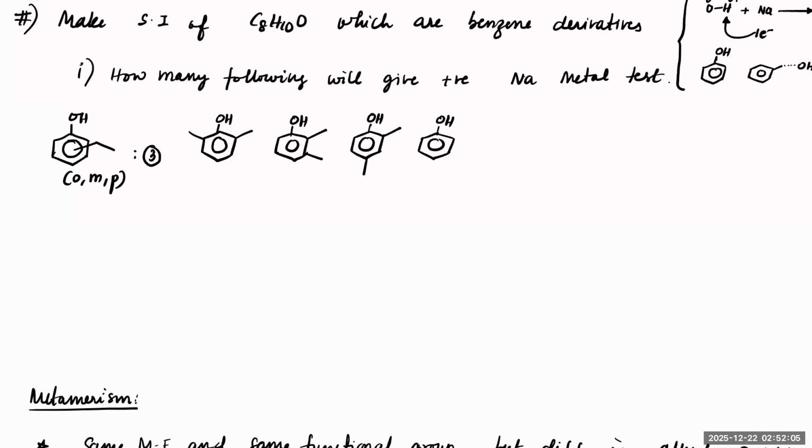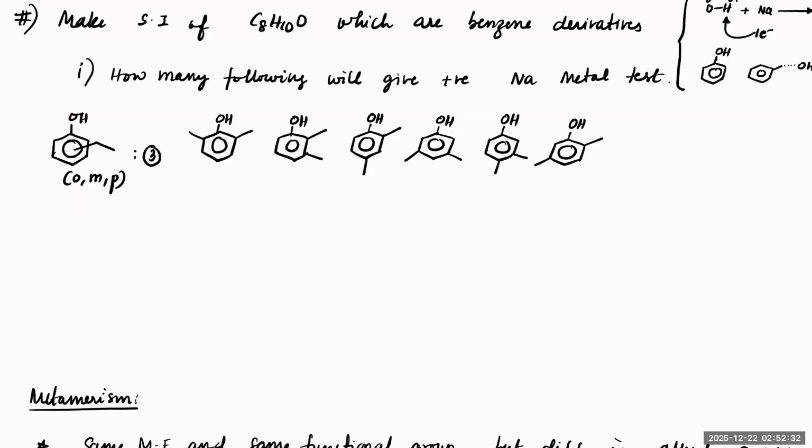Then we can have 2 meta like this, and one meta and one para here. And lastly, we can have one ortho and one meta in the opposite direction like this.